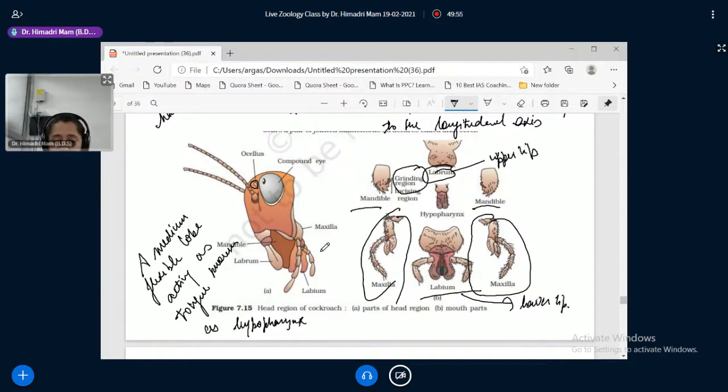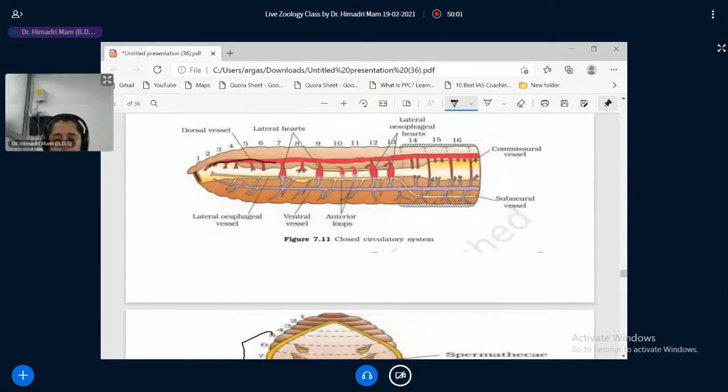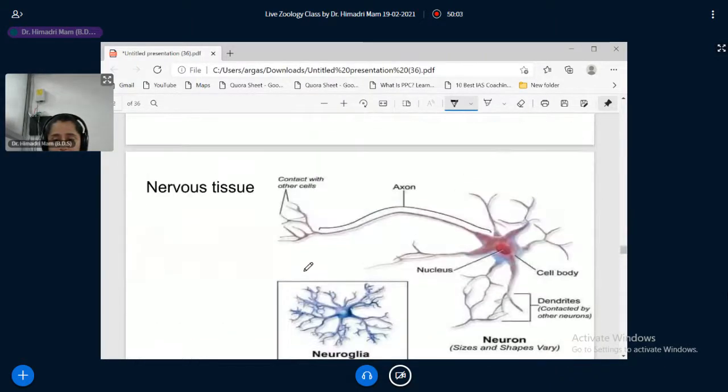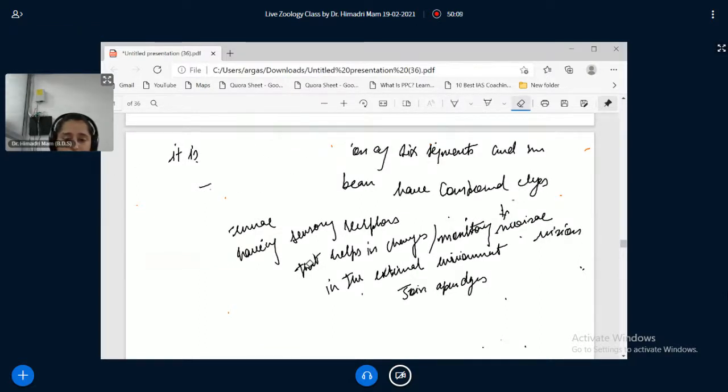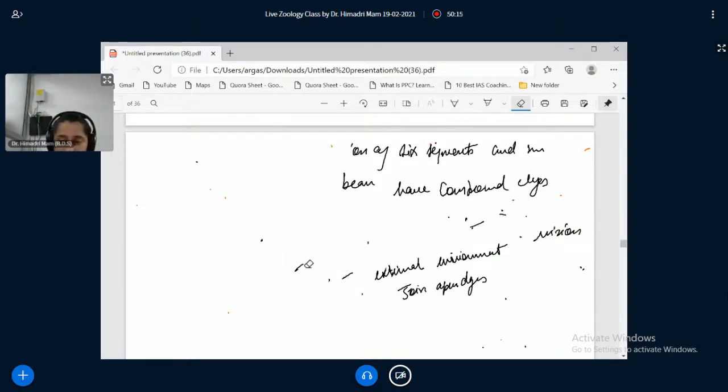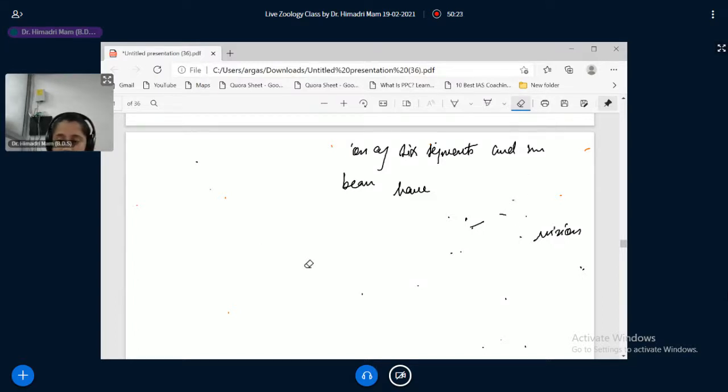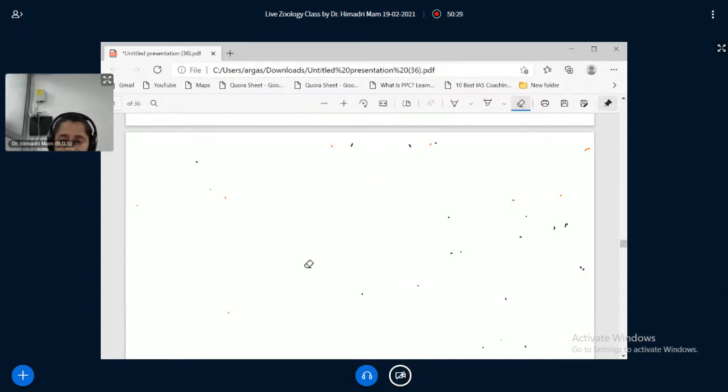Now we will come to the thorax. Right. Now it comes under thorax.